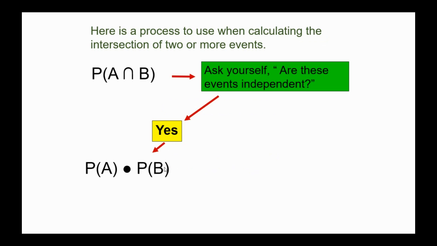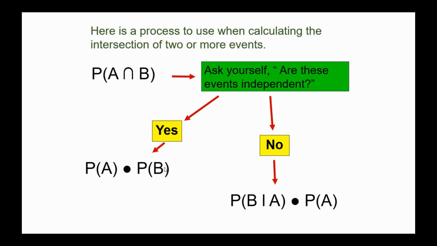Are they independent? Sure. Okay, fine. Just multiply probabilities. But if they're not, then we have to use our rule that we just talked about.